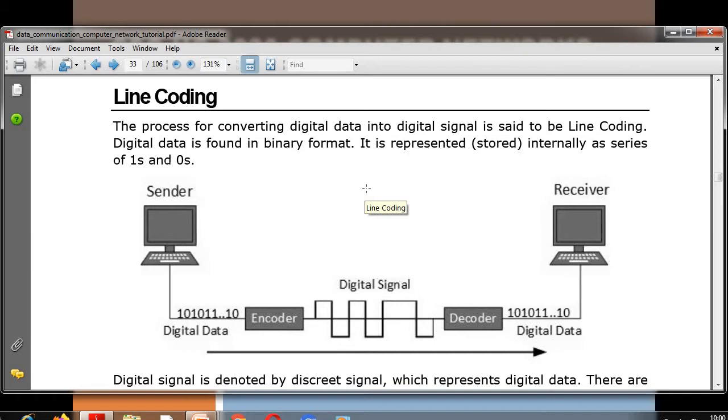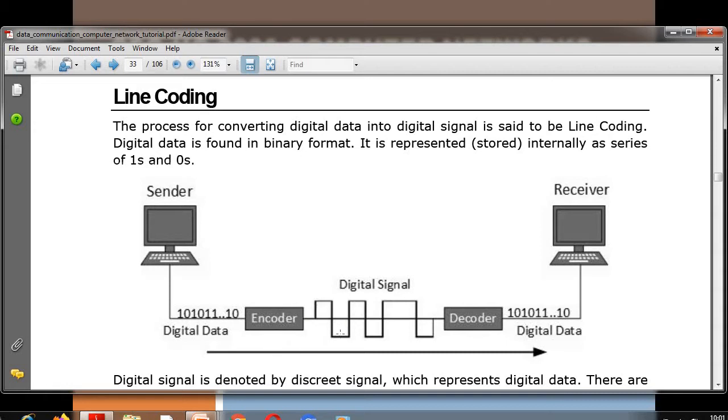It is stored internally as a series of ones and zeros. In the line coding scheme, this is the sender sending some digital data consisting of a stream of bits, 0s and 1s. The encoder converts digital data to digital signals.